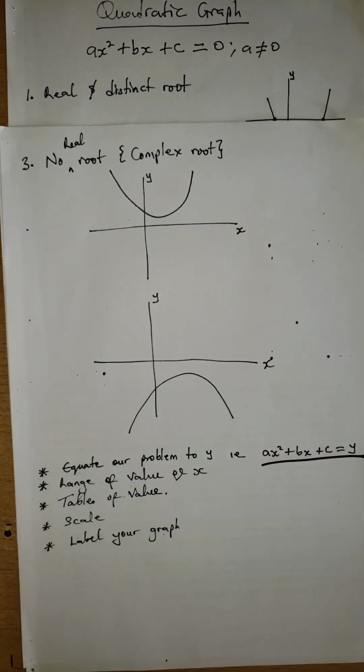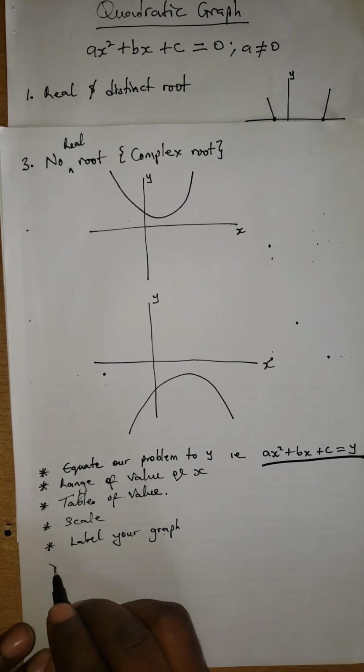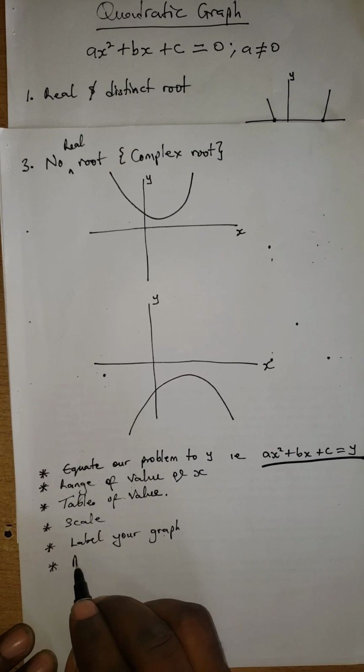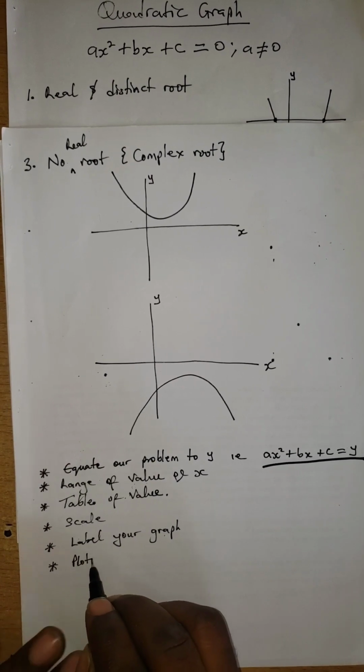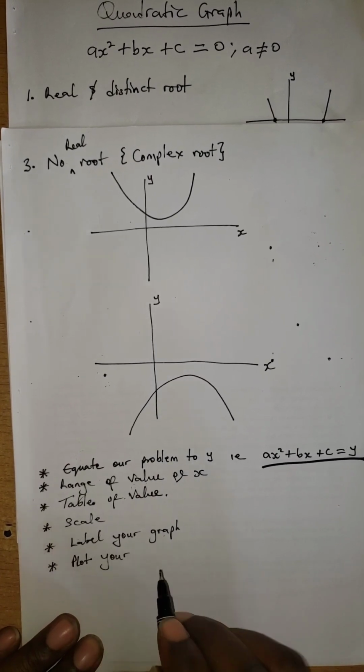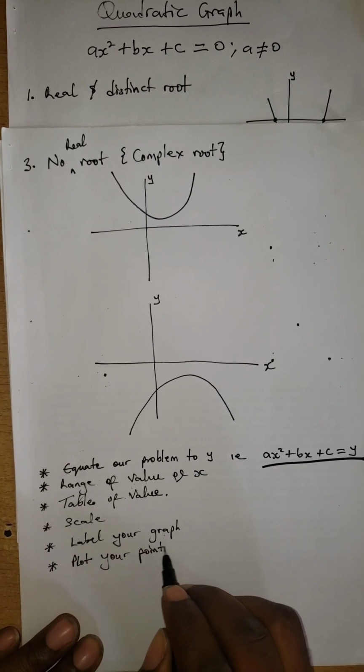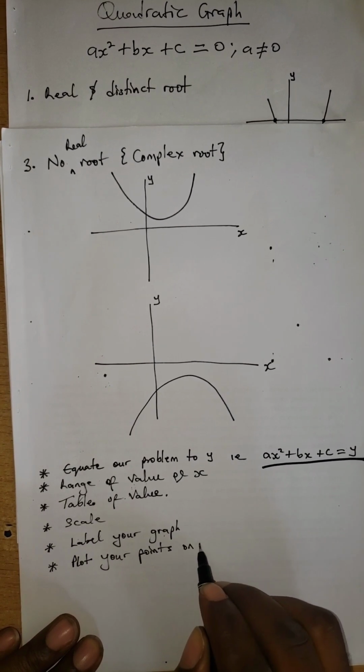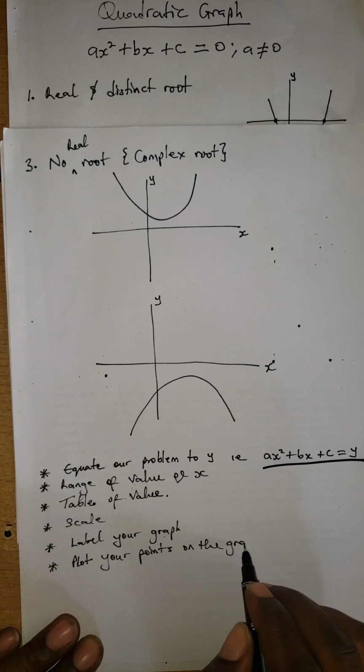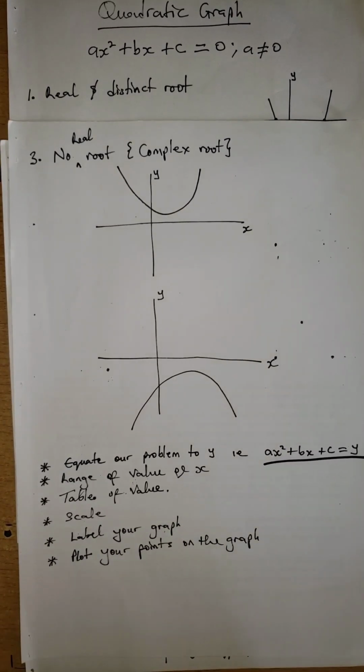When you are done writing all those numbers on your graph, the next thing you need to do is to plot your points on the graph. Now what do I mean by plotting your points on the graph?